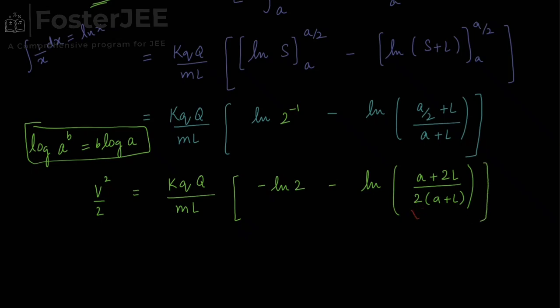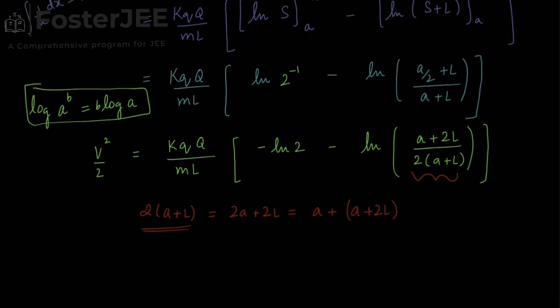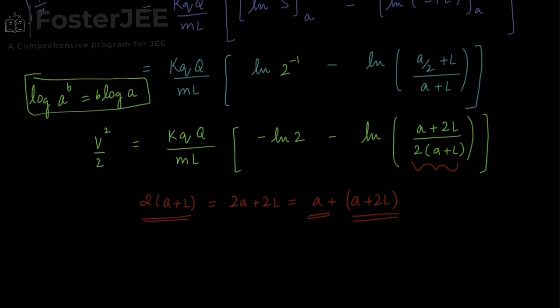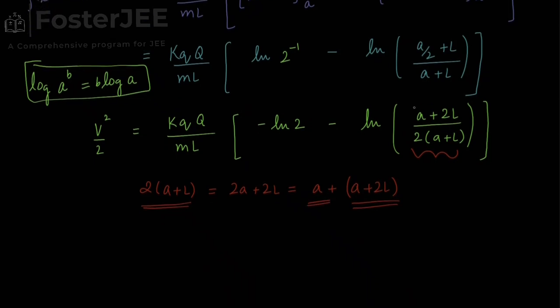Also from this term we can see the denominator is 2 times a plus l, that is 2a plus 2l, which is larger than the numerator a plus 2l by this amount. Hence this whole term is less than 1.